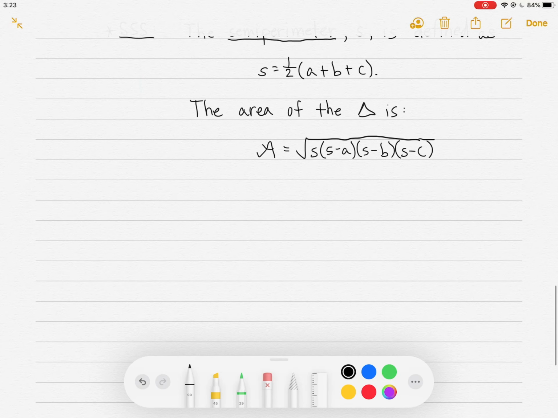It's just knowing the formulas. For example, we want to find the area.